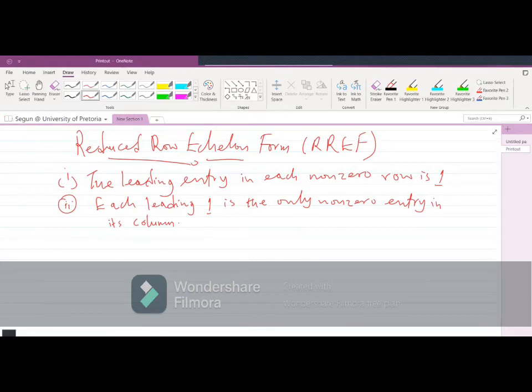So what we are saying is, in this case, let me just give us an example. Look at this. If you have this: 2, minus 3, 2, 1; 0, 1, minus 4, 8; and 0. Sorry.